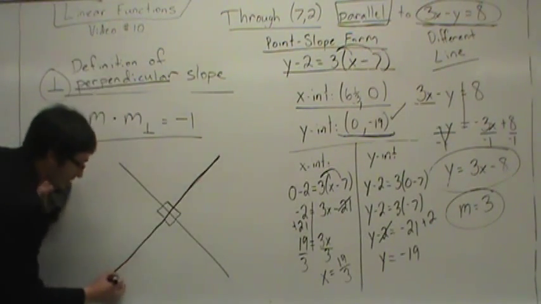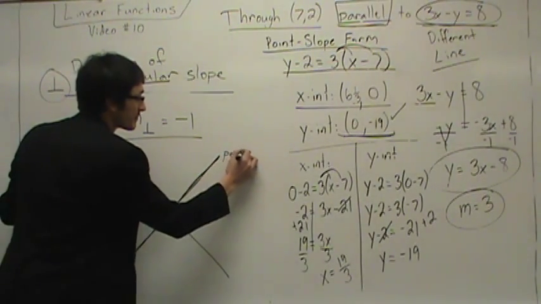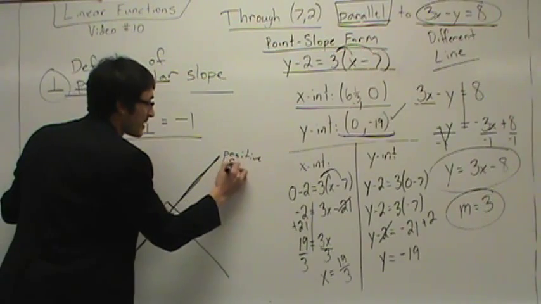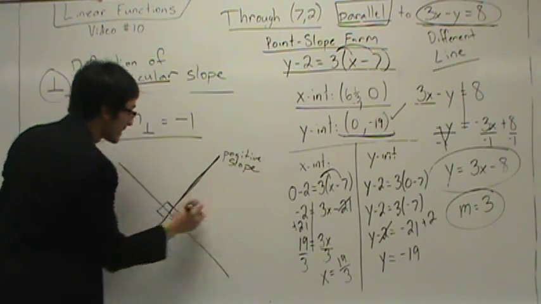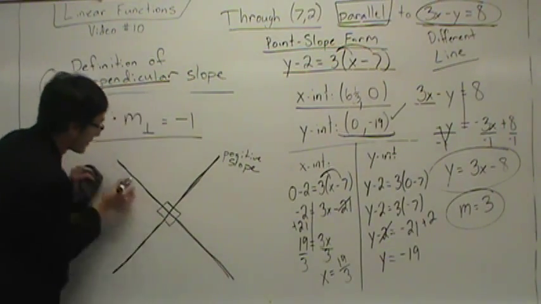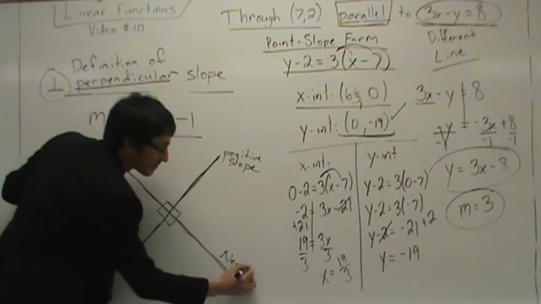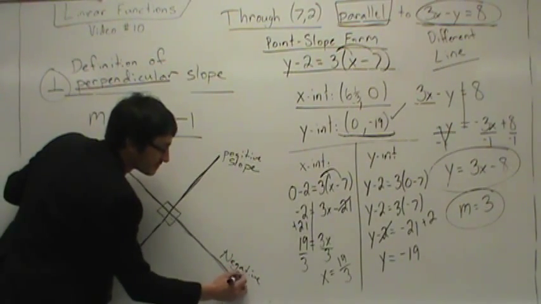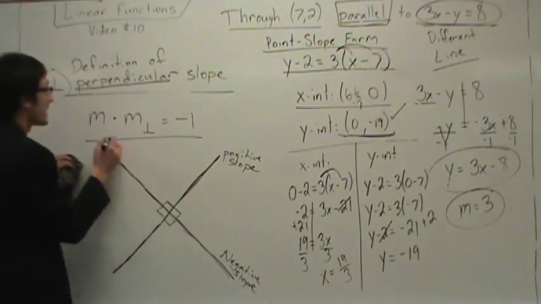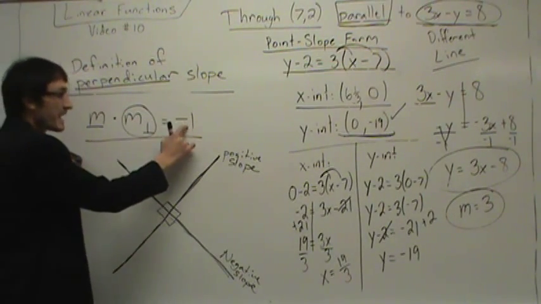Notice this line has what type of slope? Going uphill left to right, this has what? Positive slope. So if a line has a positive slope, notice that the perpendicular line will have what type of slope? Going downhill left to right, the perpendicular line will have what? Negative slope. Notice that if we take a slope and multiply by its perpendicular slope, we end up with negative 1.